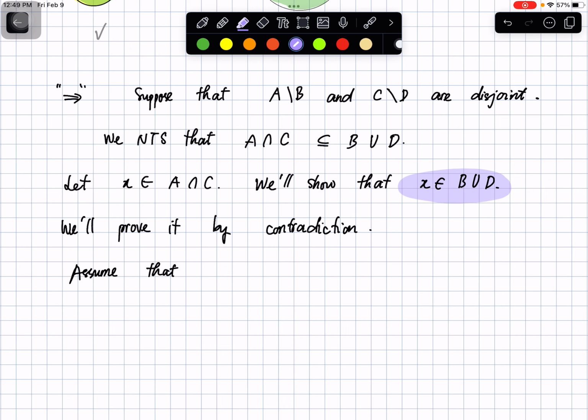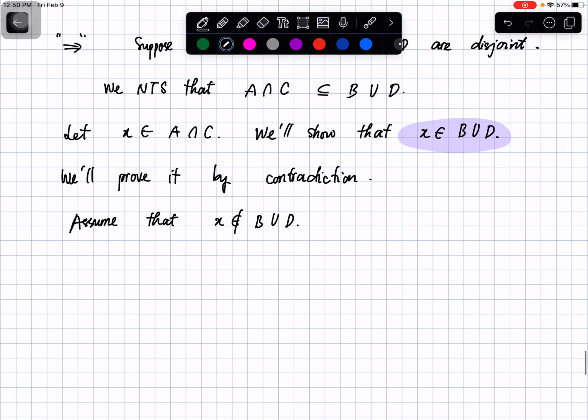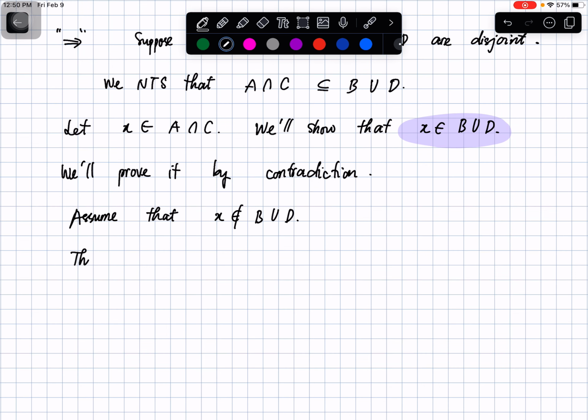But now by contradiction, we assume that this is not true. So what is true? X not in B union D. What does this mean? This means X not in B and X not in D.